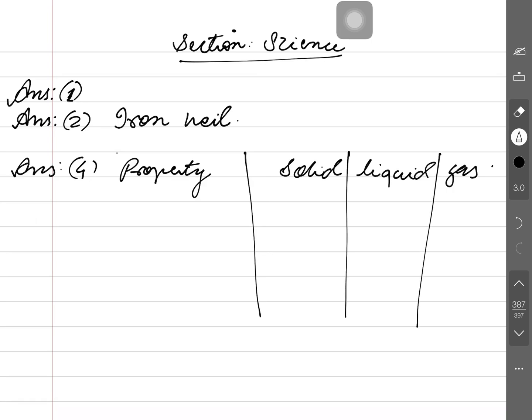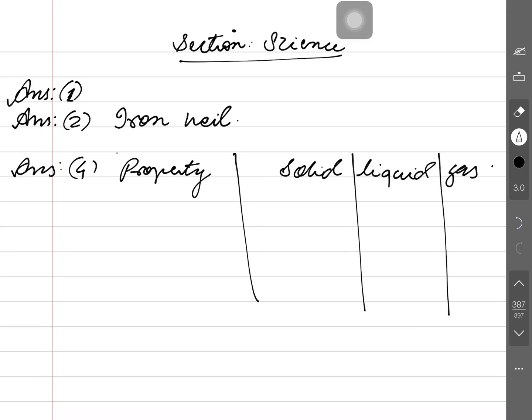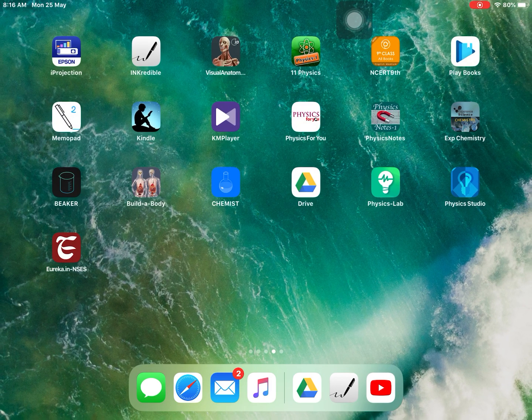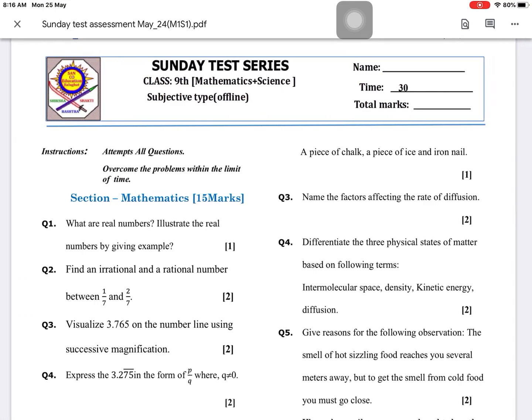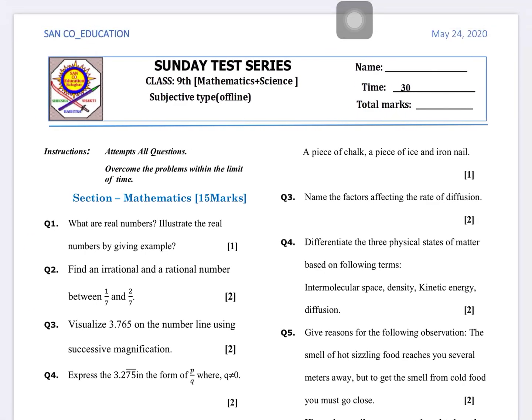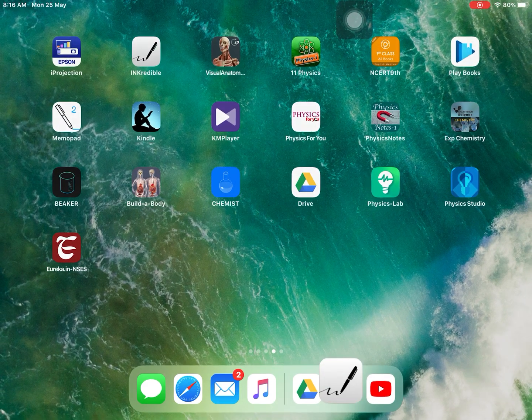The method of writing answers is that a straight line is to be drawn here. The first property is intermolecular force, then intermolecular space, density, kinetic energy.